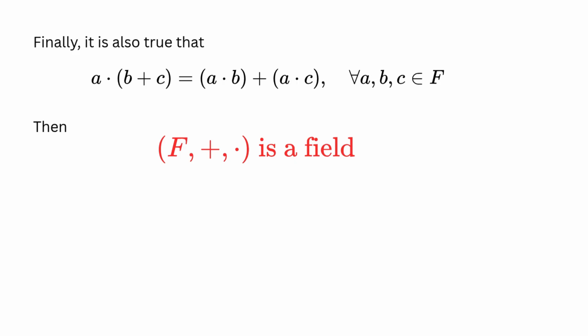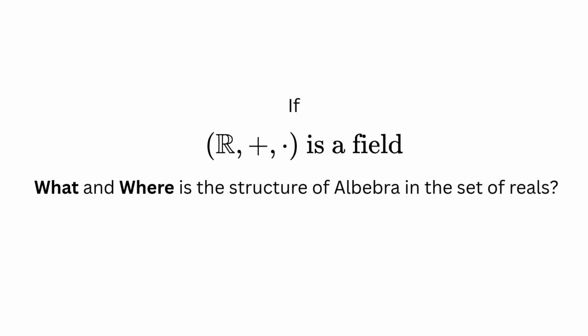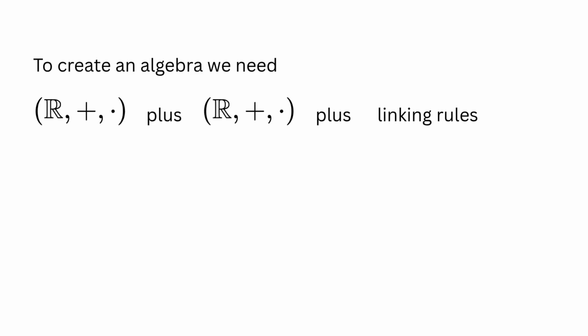Many important results in modern mathematics are based on fields thus constructed and other algebraic structures, which will be explained in the follow-up video. If the set of real numbers endowed with the operations of addition and multiplication is a field, what and where is the structure of the algebra? An algebra is an even more complicated structure, and it needs two sets and 5 operations.